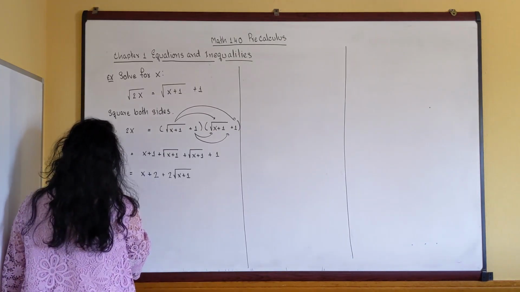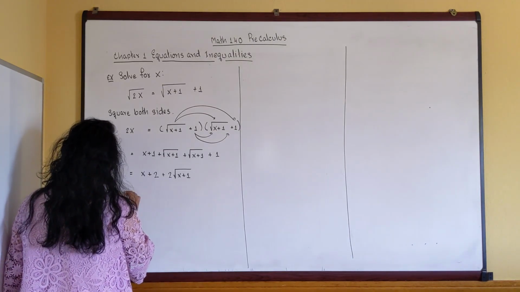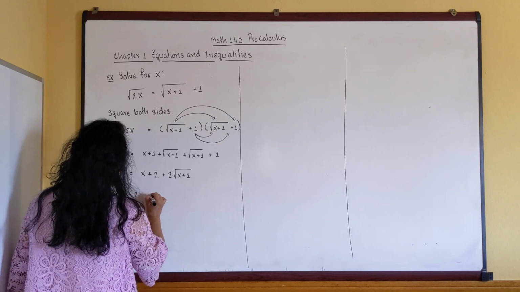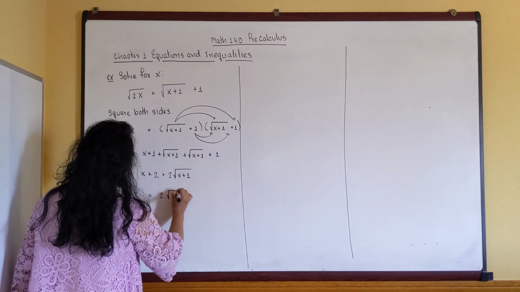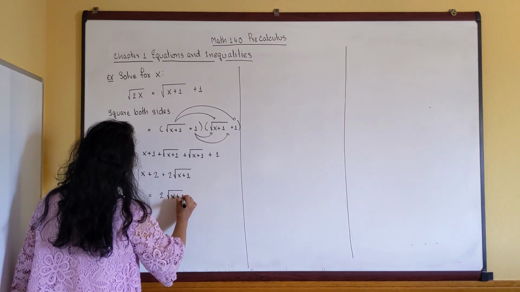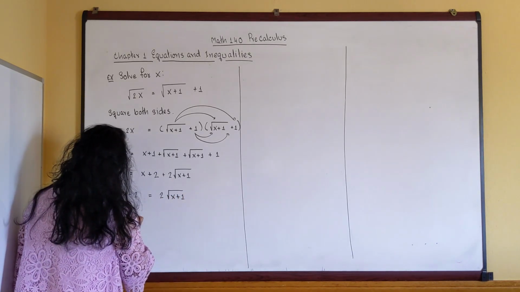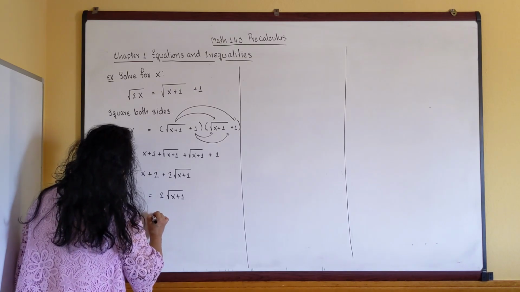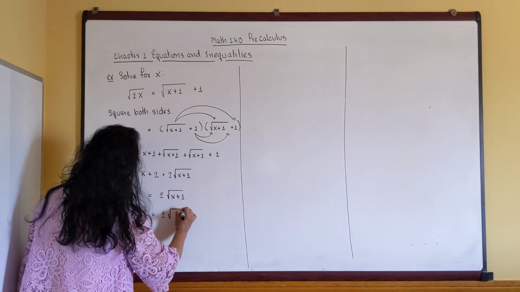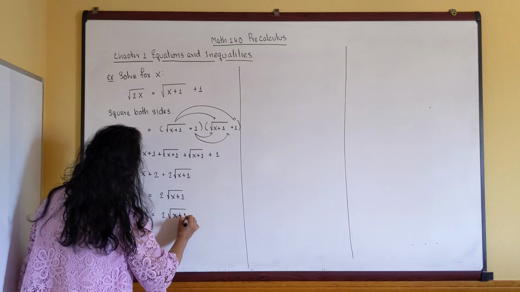So I'm going to have 2x minus 2 is equal to 2 square root of x plus 1. So left hand side, I'm going to have x minus 2 equal to 2 square root of x plus 1.